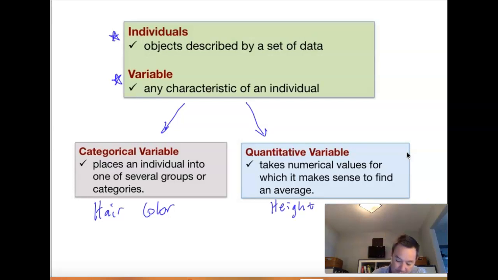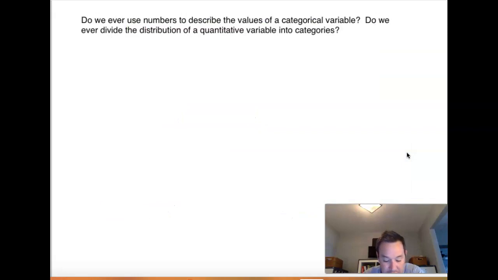All right. So do we ever use numbers to describe values of a categorical variable? And do we ever divide the distribution of a quantitative variable into categories? The answer to both of those is going to be yes. I can give you a couple examples of categorical variables where we actually use numbers.